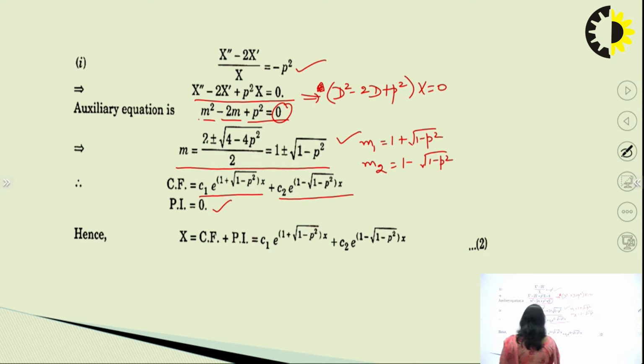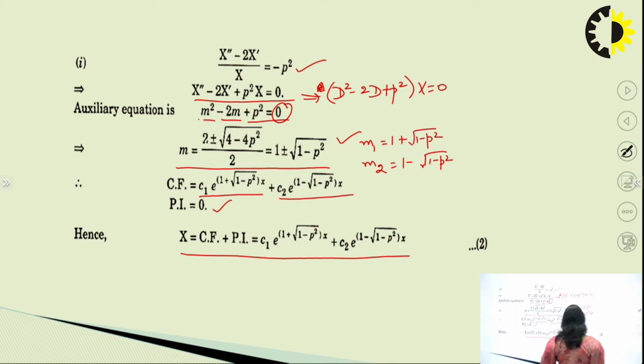Hence capital X turns out to be C1 e to the power 1 plus under root 1 minus p square into x plus C2 e to the power 1 minus under root 1 minus p square into x. So this is my equation number 2.